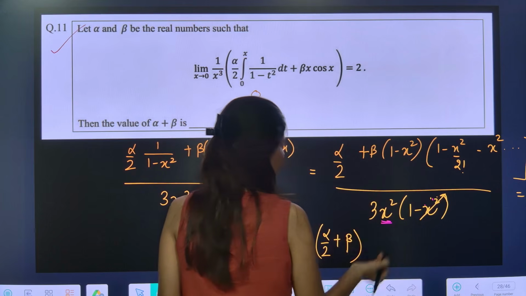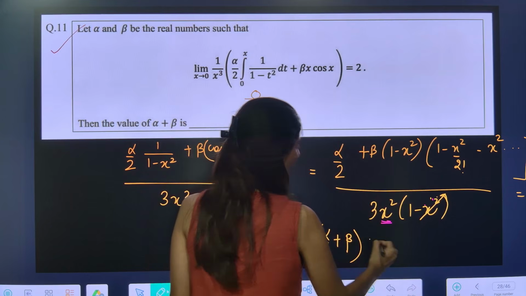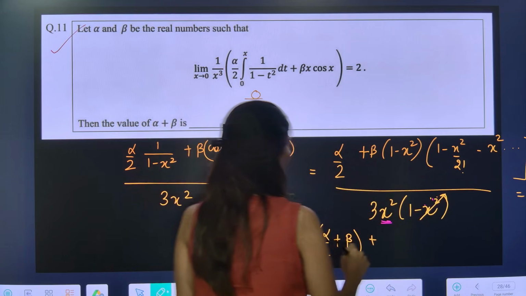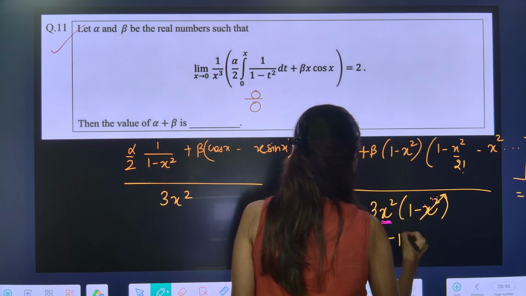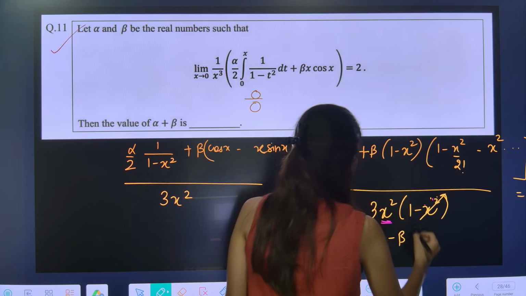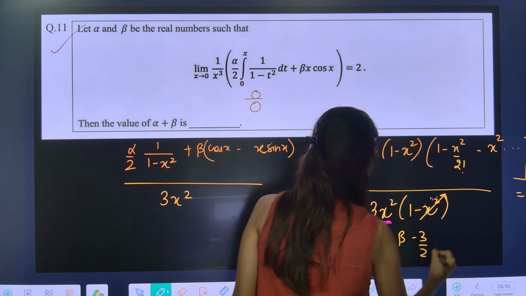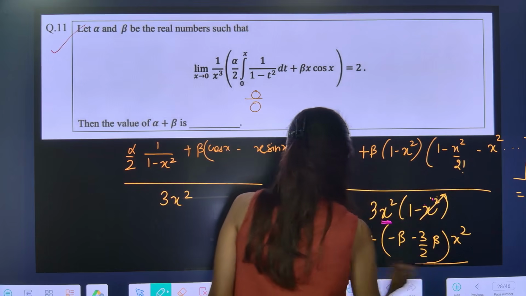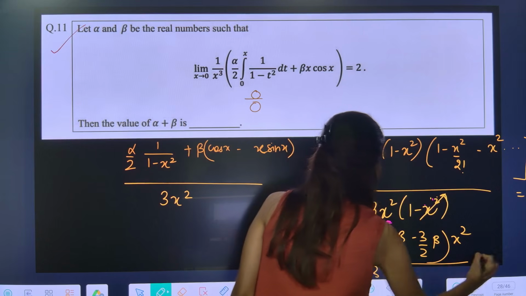So the constant term will be alpha by 2 plus beta. Now I'm not looking for the x term, I'm looking for the x square term. The x square term will be minus beta, and this is minus 3 by 2, so minus 3 by 2 beta. This is the x square term, upon 3x square, and this should equal 2.